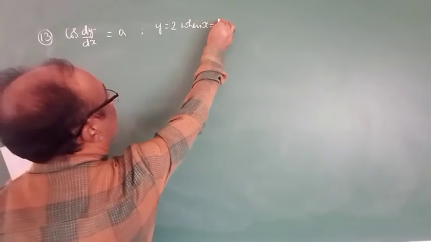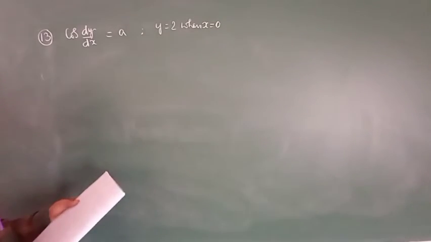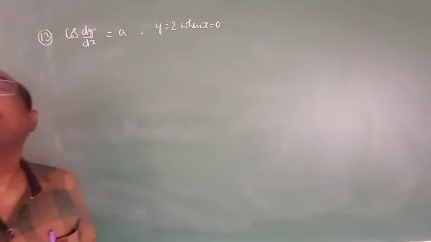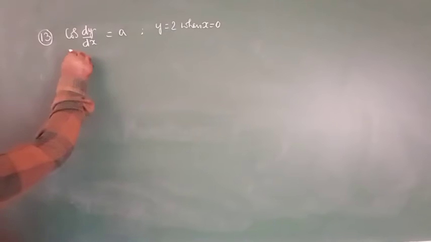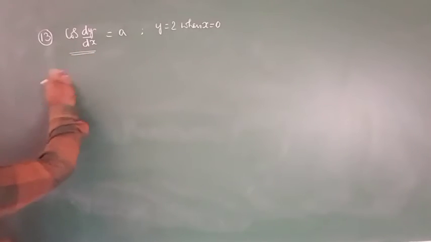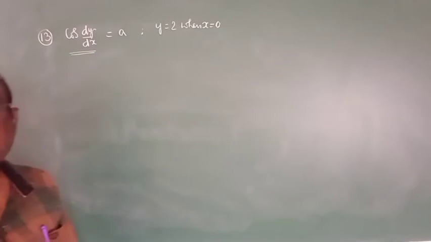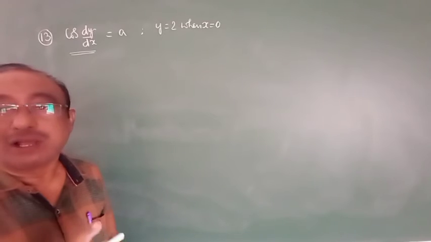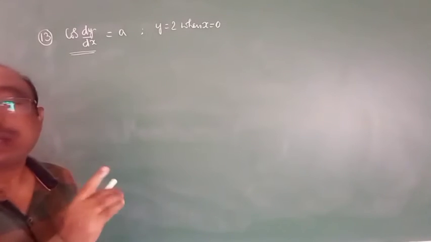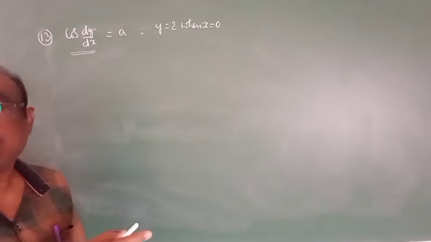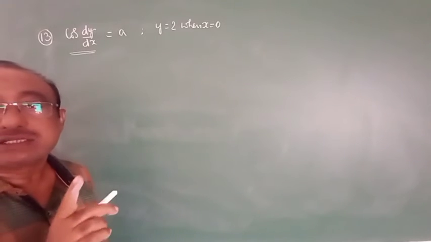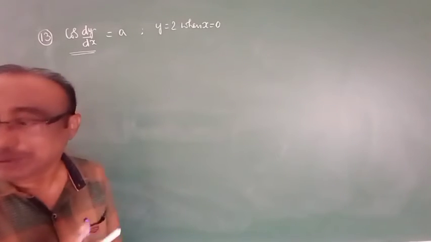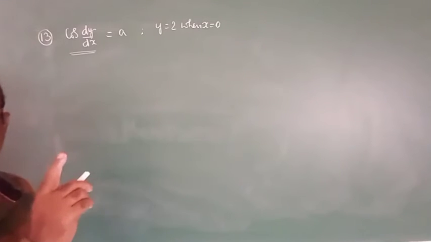So the particular solution value is required, that's why the values are given. One more point: there is no degree in this equation, because degree means a polynomial equation is required. Cos of an angle is a correct representation, but cos of a derivative is not a correct representation. That's why it has no degree.